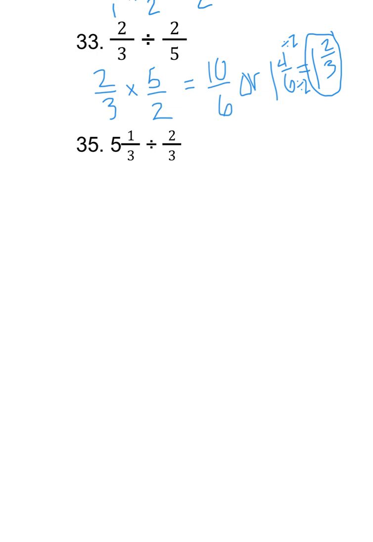35, we're almost there. Oh no, we have a mixed number here. So first things first, we're going to have to turn this mixed number into an improper fraction. And again, we're going to do that by multiplying the 3 times the 5 to give us 15. And then we're going to add 1. So we're going to get 16 over 3 divided by 2/3, but we're actually going to flip and multiply.